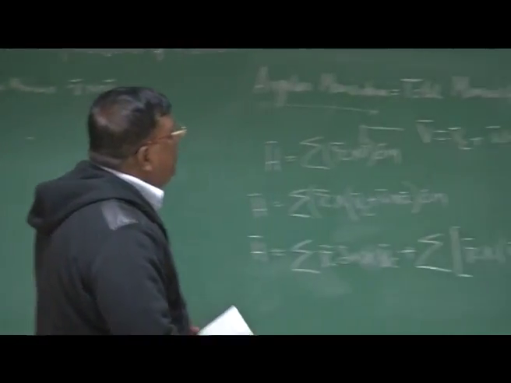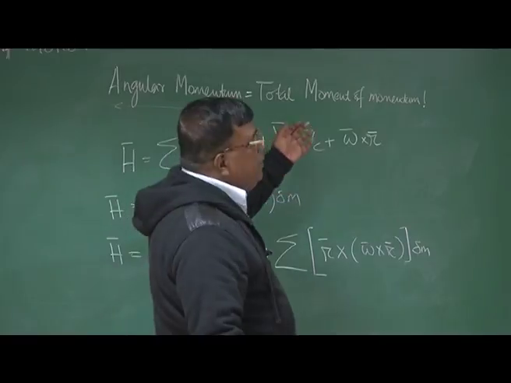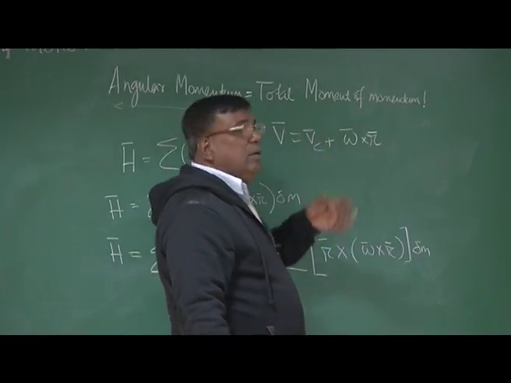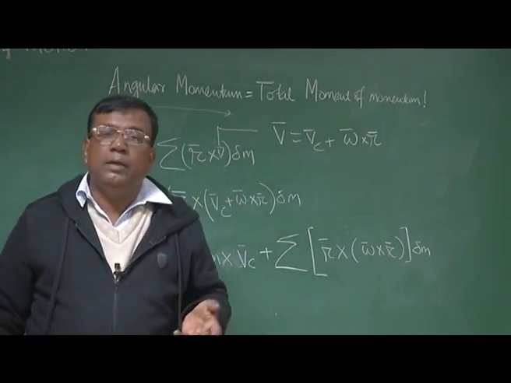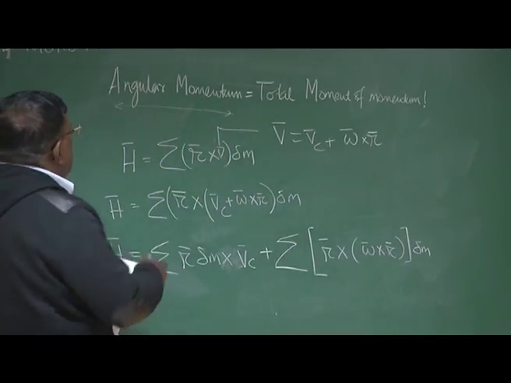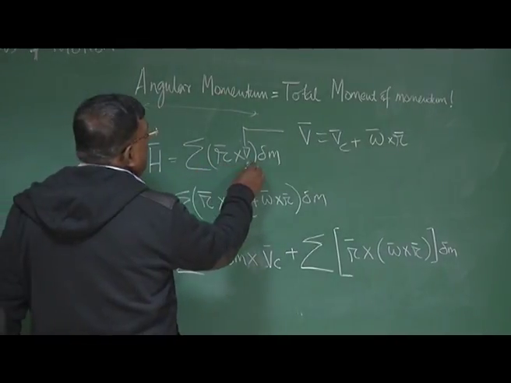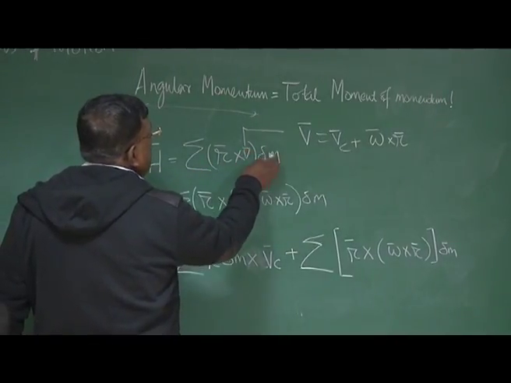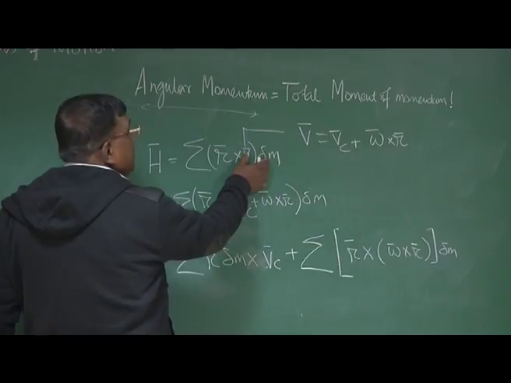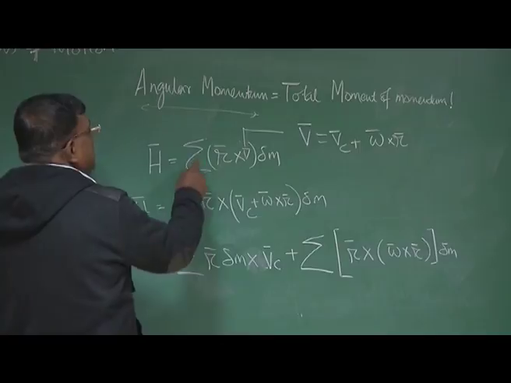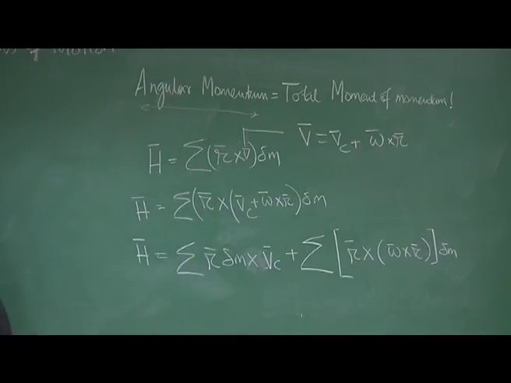And what is angular momentum? If you go back to class 10th, 11th, it is defined as the moment of the linear momentum. So we are using that concept: h, angular momentum, is the moment of the linear momentum. v bar delta m is the linear momentum of an elemental mass, the moment is r cross that, and the summation means the total vector sum.